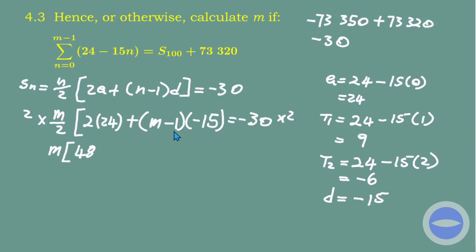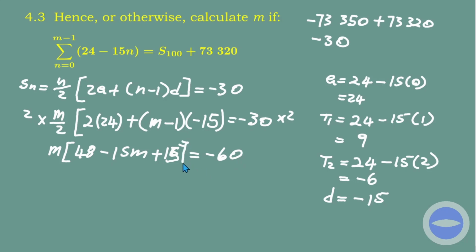I will say m multiplied by negative 15 will make negative 15m, and then negative 1 multiplied by negative 15 will make positive 15. This is positive 15, and then equals 30 times 2, negative 30 times 2, it's negative 60.